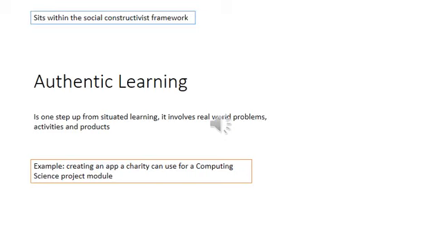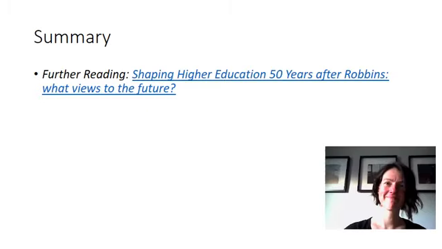And another good example for authentic learning are workplace activities or internships the students can undertake. So this is authentic learning. And again, to me, that is a model, and it sits within the social constructivist framework, because very often it relies heavily on feedback from the environment these activities take place in.